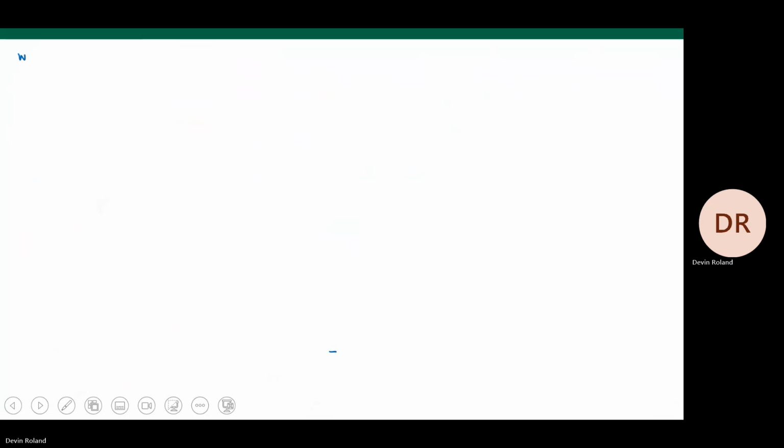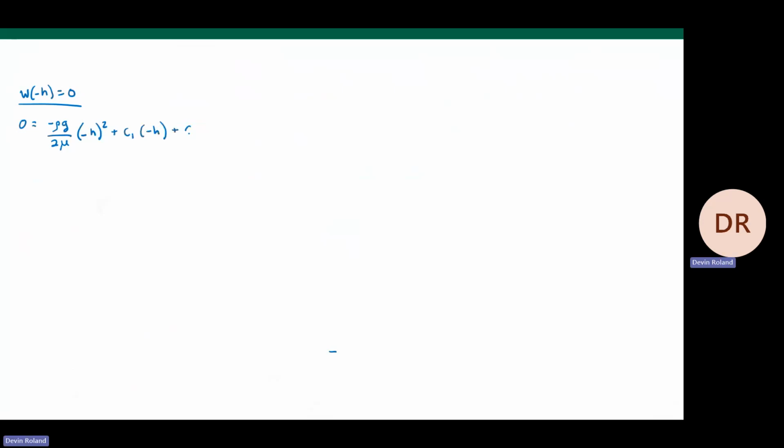For the first condition, plug that into our equation, and we get 0 equals negative rho g over 2 mu times negative h squared plus c1 times negative h plus c2.